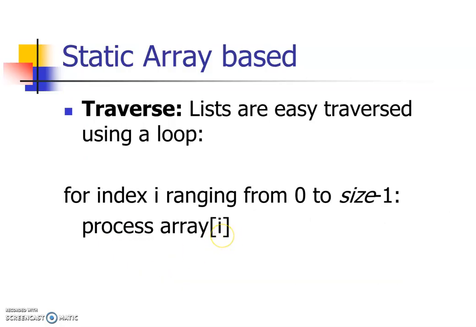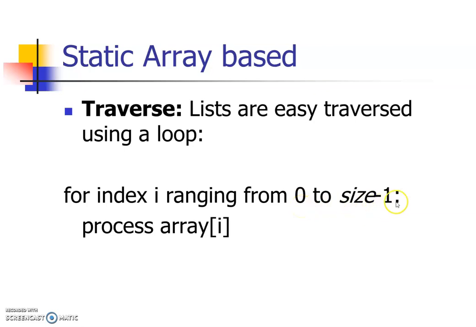Traverse would be straightforward because you already have the array. You know the size of the array, indicating how many elements that you have. So as long as you write a loop, go from the beginning, which is at index of 0, goes to size - 1 because it starts with index 0.